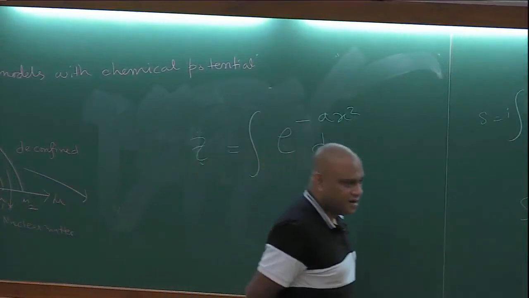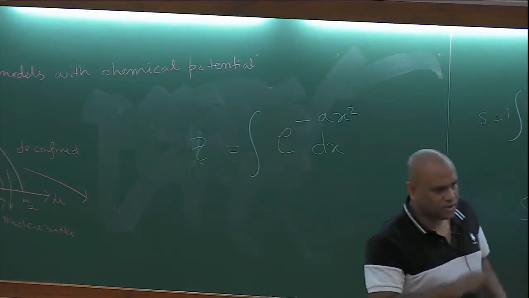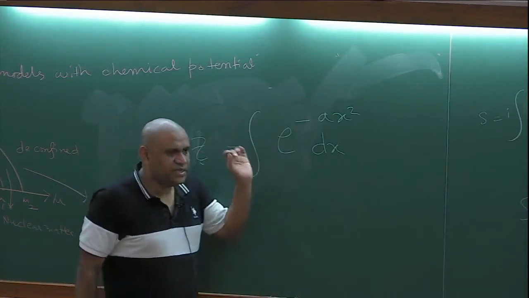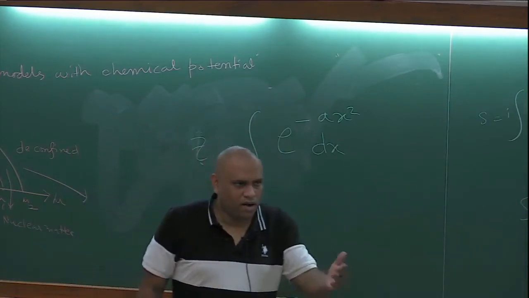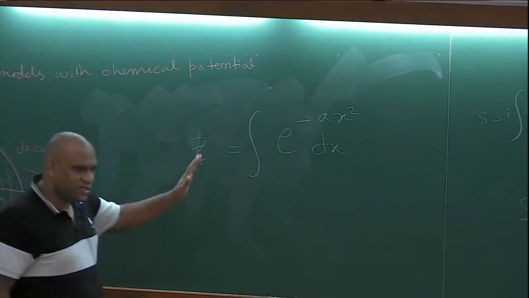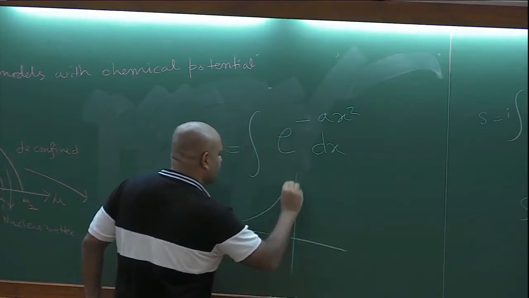How would you solve this on a computer? This equation is pretty easy to solve on a computer. One way is the Monte Carlo method. Why it is easy to solve is that it looks something like this.